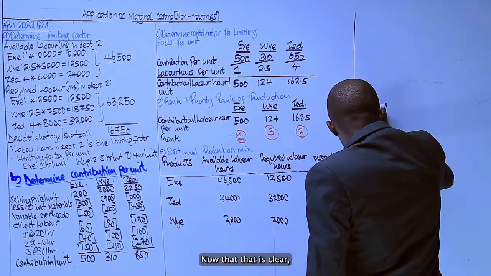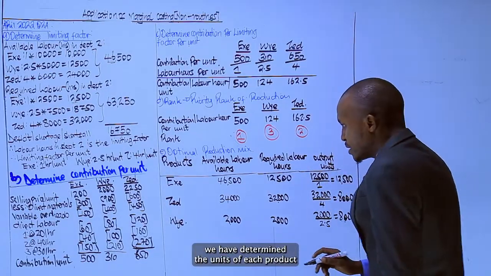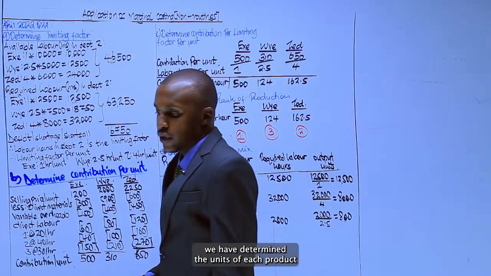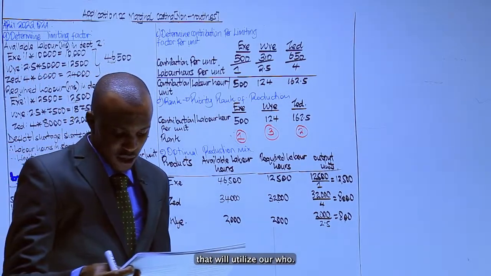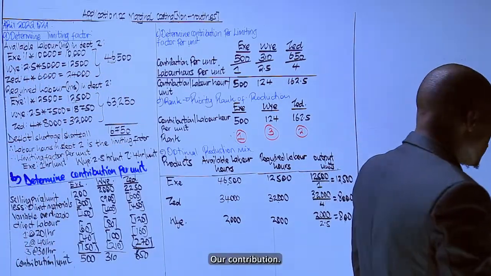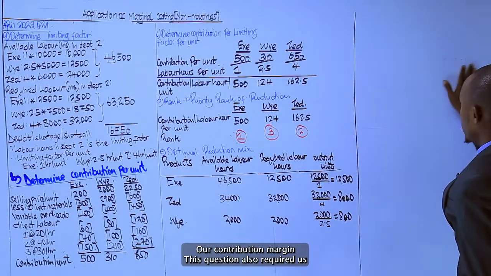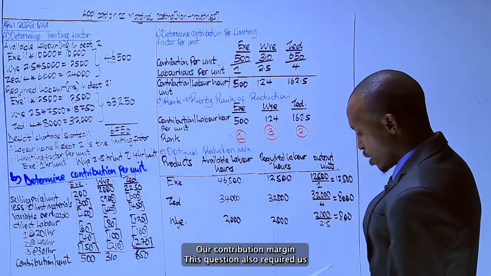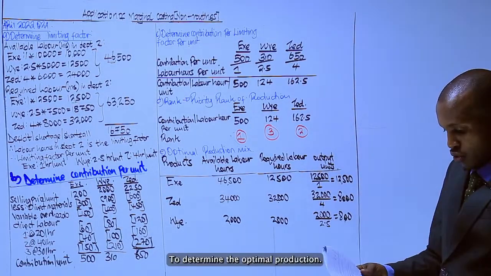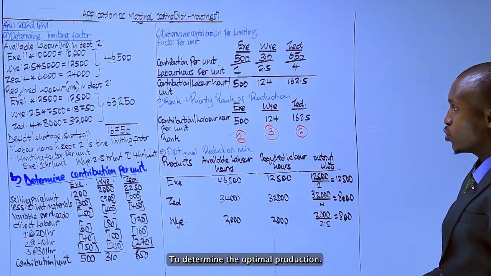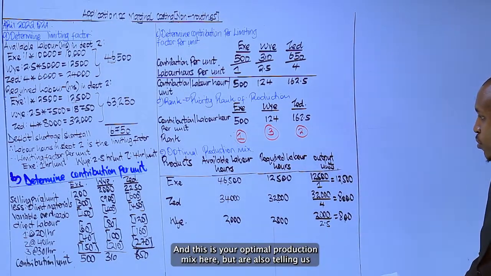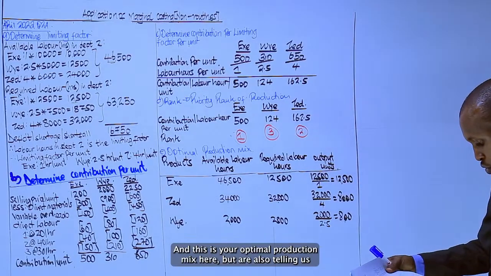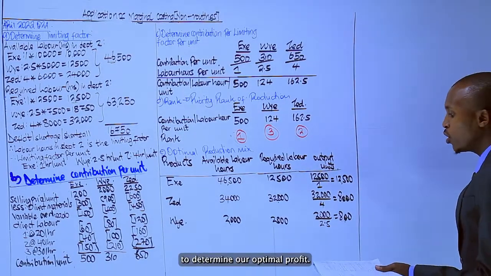Now that is clear, we have determined the units of each product that will utilize our contribution margin. This question also required us to determine the optimal production mix, but they were also telling us to determine our optimal profit.